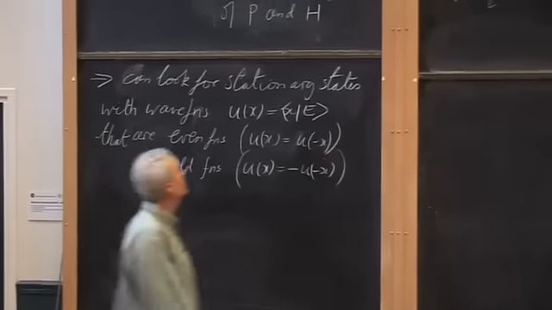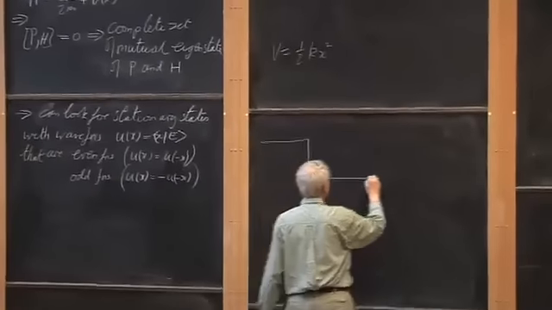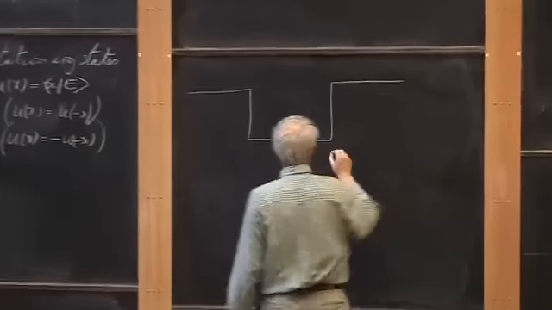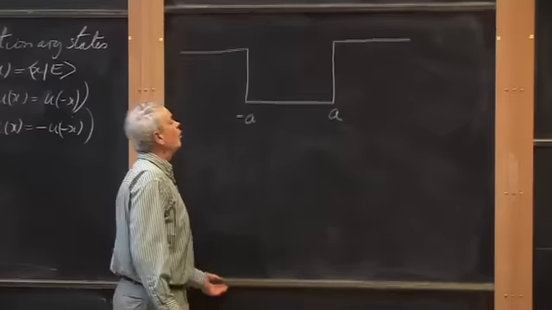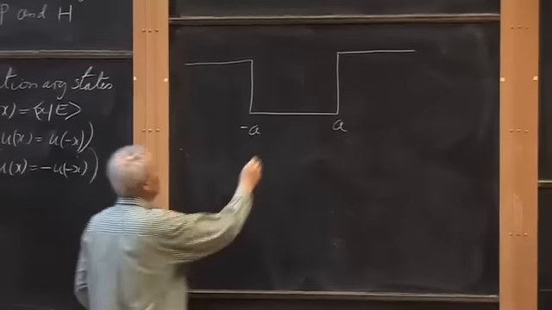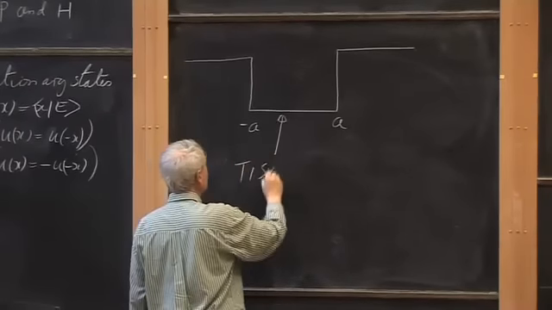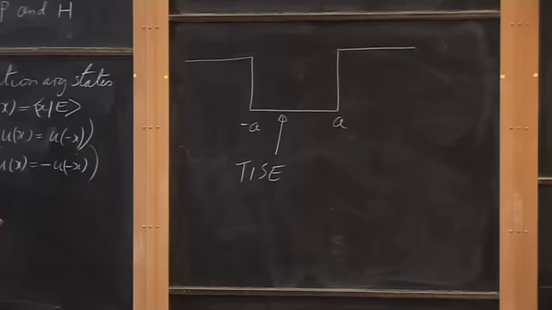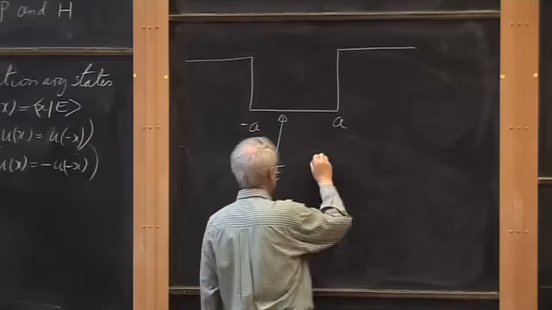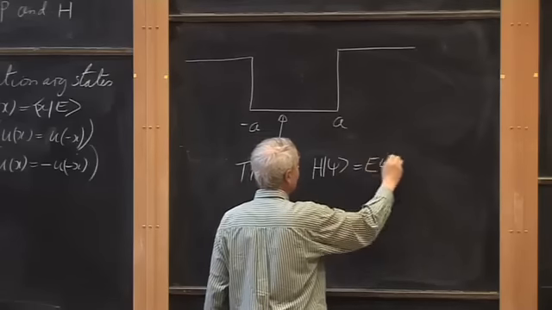So here is our potential again. Minus a, a. What do we have? We have here the time-independent Schrodinger equation. That is to say, that is the equation which says that h of psi is equal to e of psi.